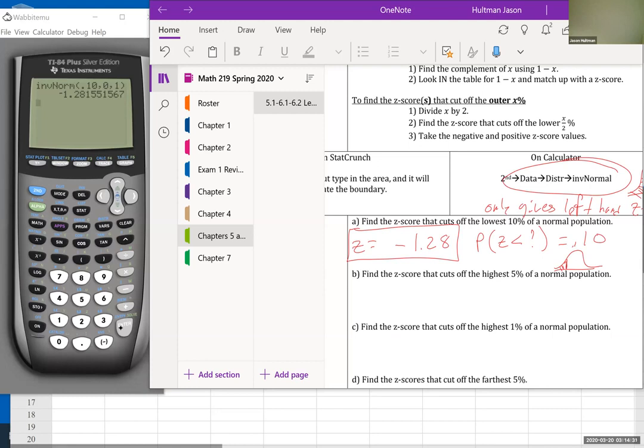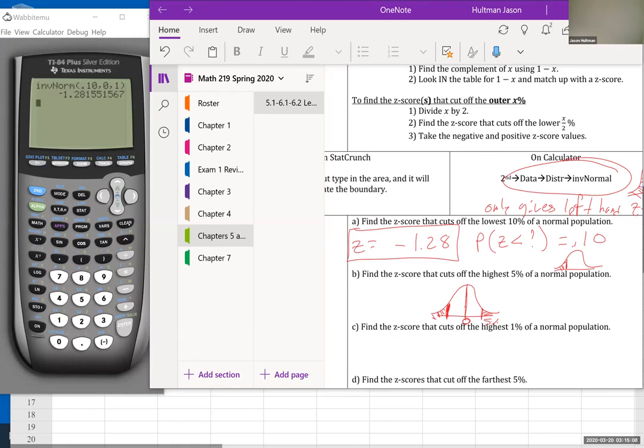That's my cutoff. Now, what about the highest 5%? Again, this only gives me left-hand values. This is a right-hand value. For a left-hand value, I can do it on the calculator easily, but for a right-hand value, it's just as easy. Why? Well, because the z-score of 0 is in the middle, right? And I can use symmetry here to give me the z-score.